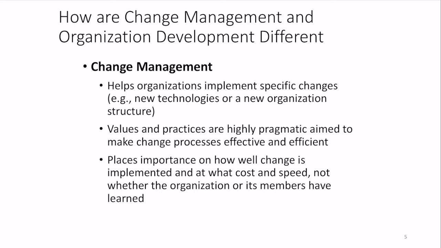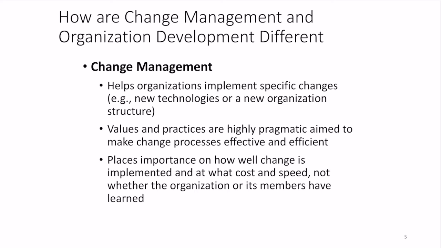Now, the values and practices are highly pragmatic and aim to make change processes effective and efficient. Again, when you take a look at decentralizing, what I mean by that is that we have taken the many levels of authority and erased them to where now there is two-way communication that is ongoing.